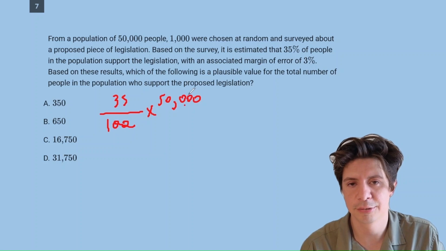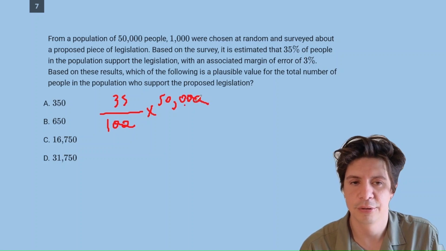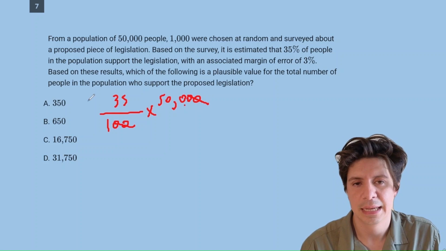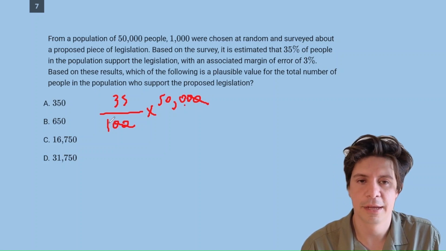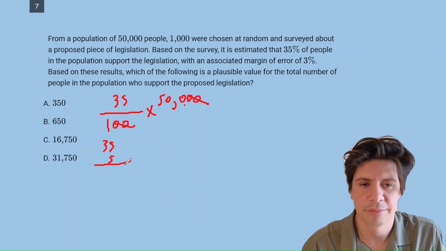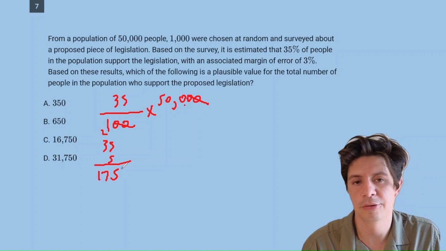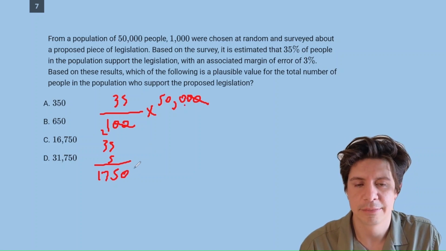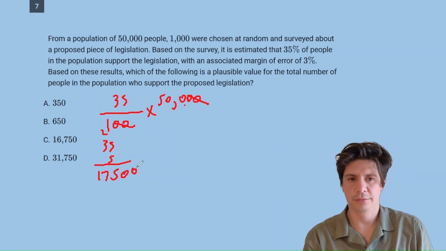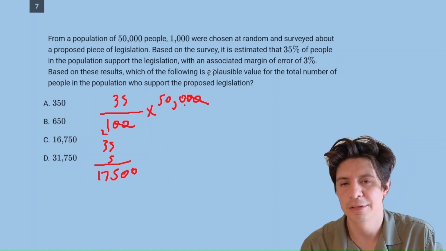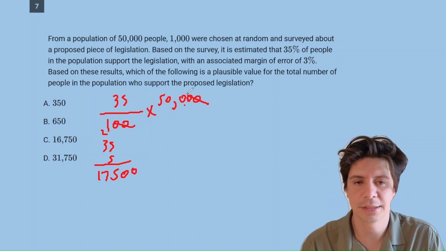We cancel out the zeros, so it's 500 times 35, which is gonna be around, let's do 5 times 35 right here. 5 times 5 is 25, carry the 2. 5 times 3 is 15, so it's around 175. So we have 17,500, right? So that's where we're going, and we have an associated margin of error of 3%.